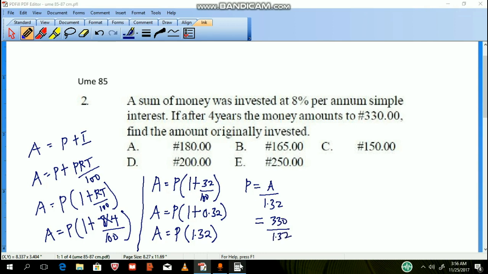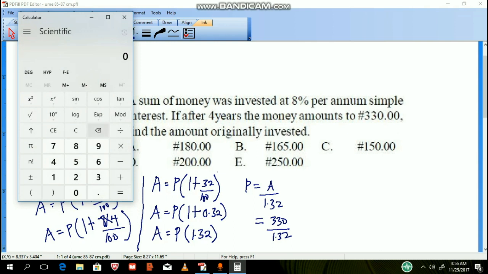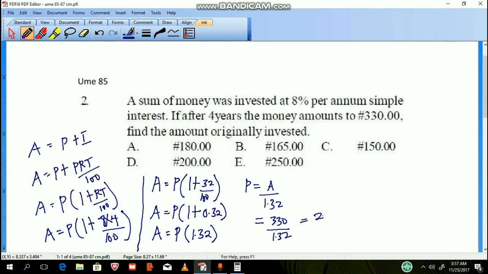What would that result to? Let me get my calculator here. 330 divided by 1.32 will result to 250. It therefore implies that our principal is 250 naira, which is option E.